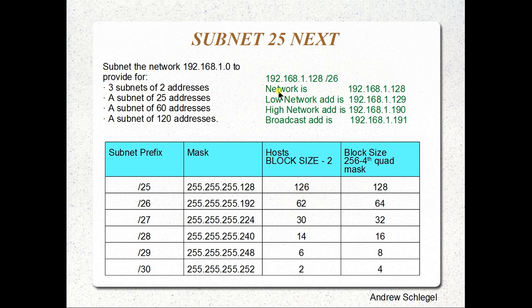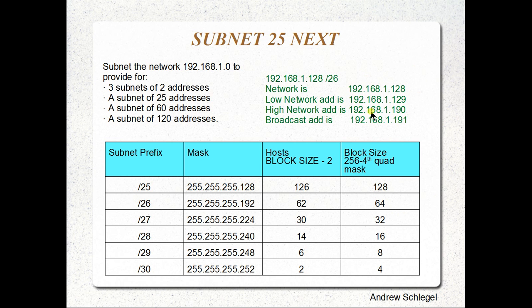We did it. Now what's the lowest one? Well, on the /25, remember we only have a space of 256 available, and we used 0 through 127. So now we have to start at 128. Okay. And if we add the 64 onto that, then we stop at the 191.